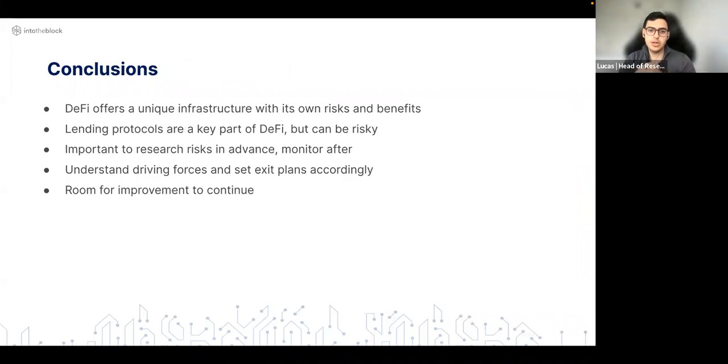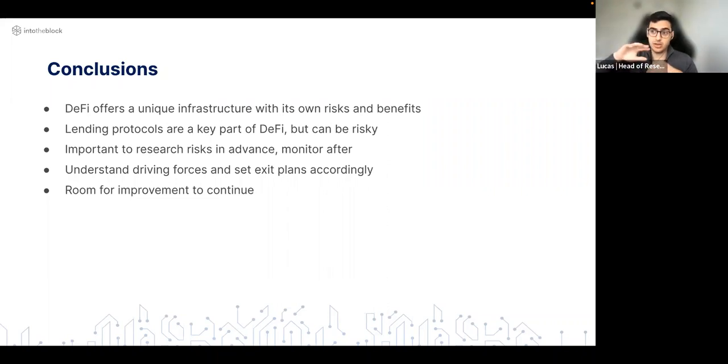To conclude, DeFi is complex. There's a lot of unique pieces in place, and they all come with their own risks and benefits. Lending protocols are essential for DeFi, but they can be very risky. There's a very high importance to researching all of these risks, ideally in advance prior to deploying, but also monitoring them afterwards.